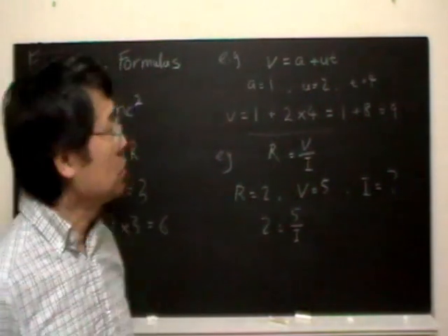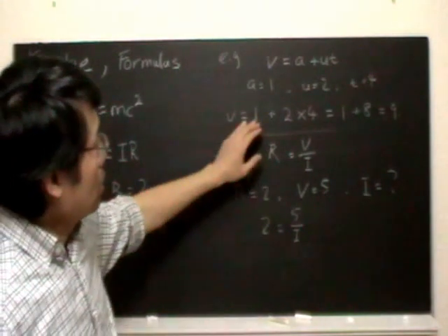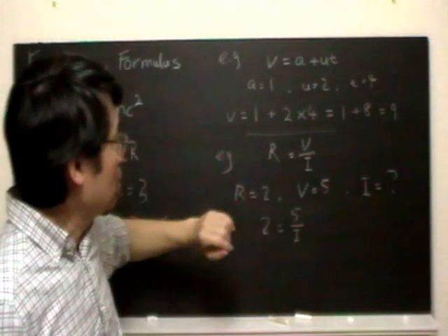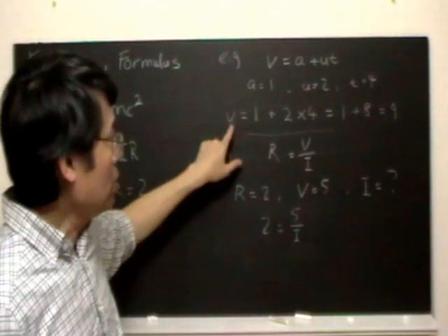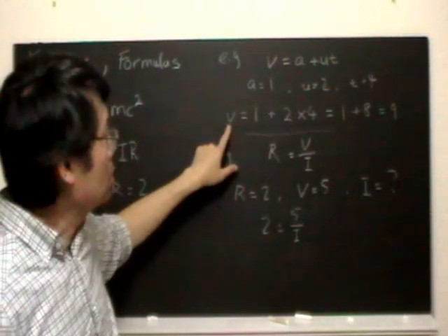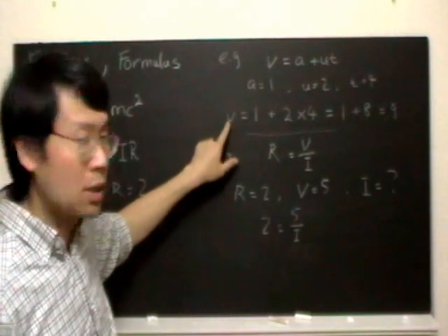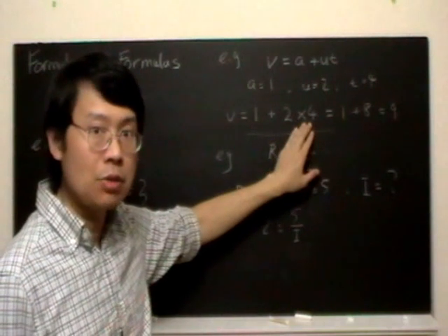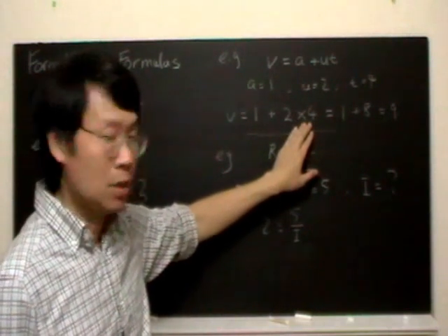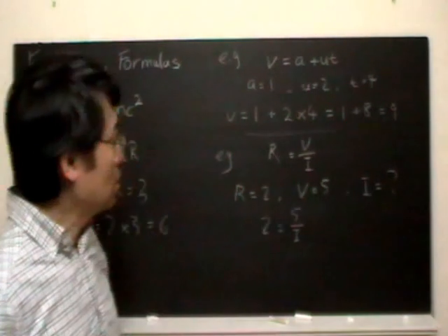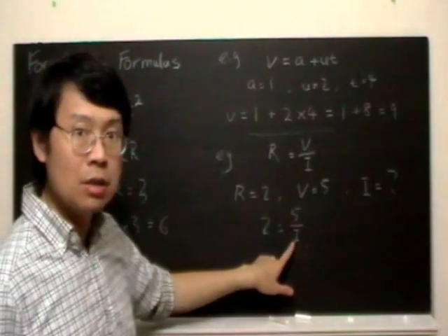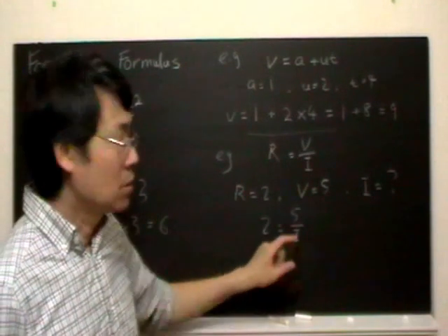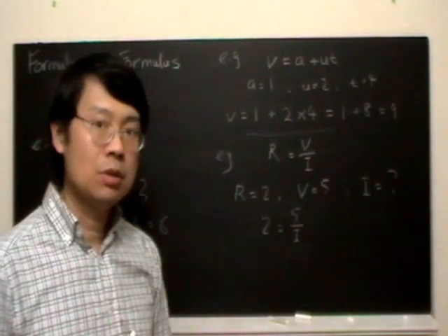Okay, that's tricky. If you look at the previous example, the V, the symbol that we want to find, is on one side and the numbers we can calculate on the other. That was convenient. Now this time we have the I at the bottom on one side. So how are we going to calculate I?